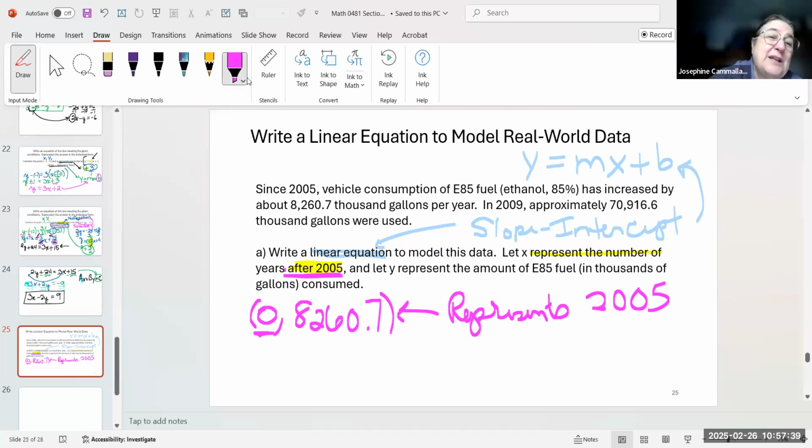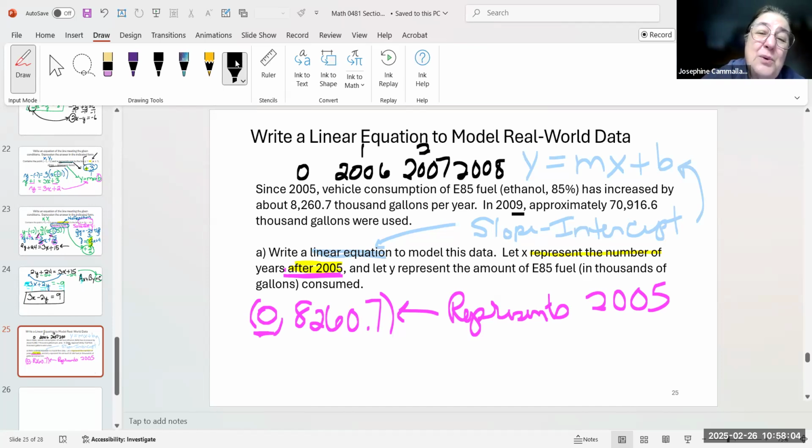Now, this is where it gets interesting. 2009. Well, if 2005 was 0, let me write it here. 2006 was year 1. 2007 was year 2. 2008 was year 3, which means this x value is 4 with 70916.6.